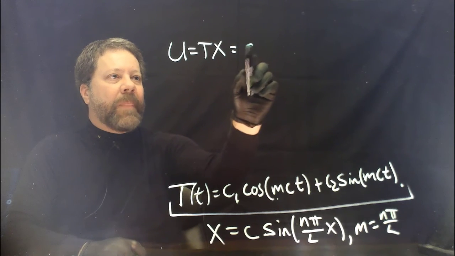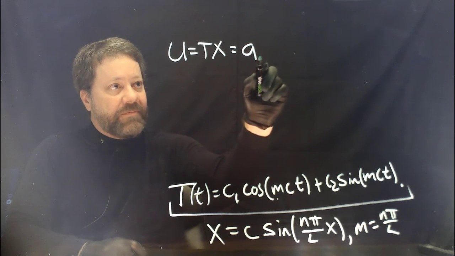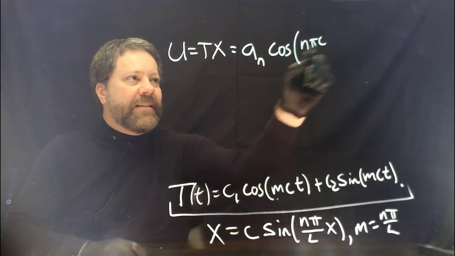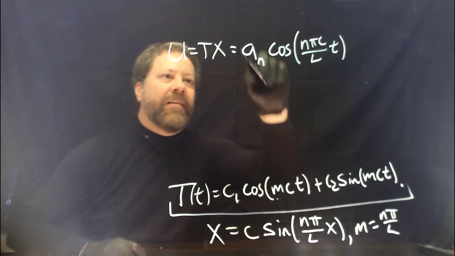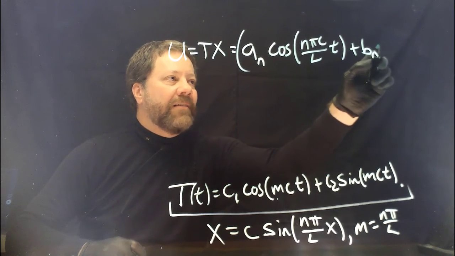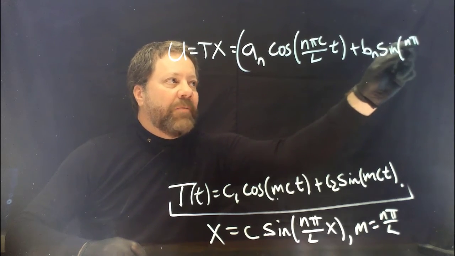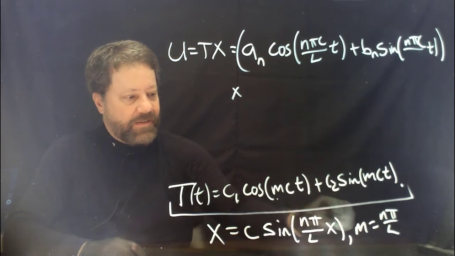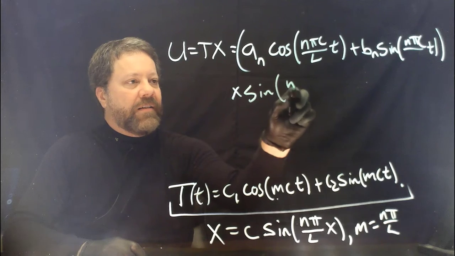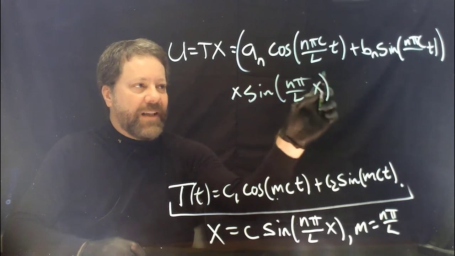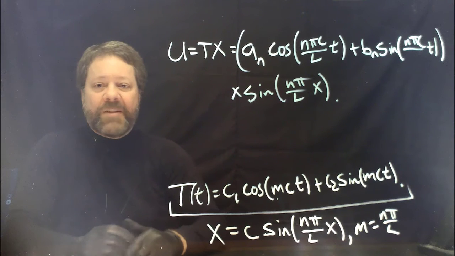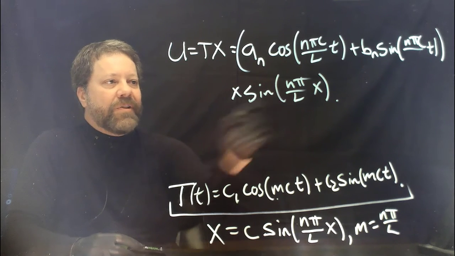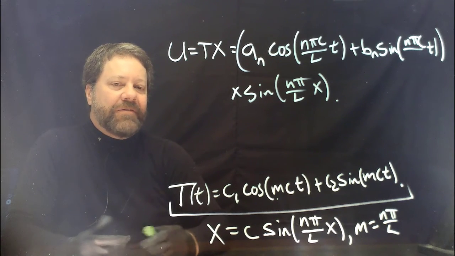Let's just name them a n cosine n pi c over L times t plus b n sine n pi c over L times t, all times the sine of n pi over L times x. Our solution must be of this form. In fact, this represents a family of solutions, a different solution for each n in the set of integers.